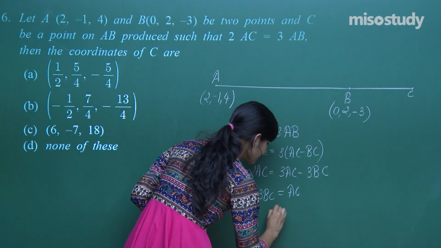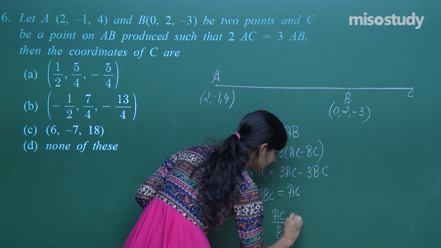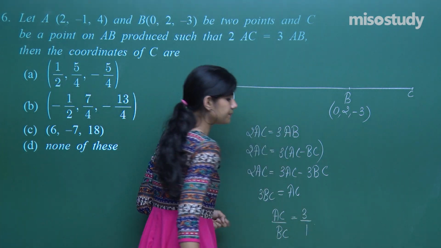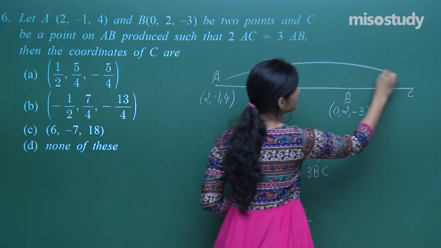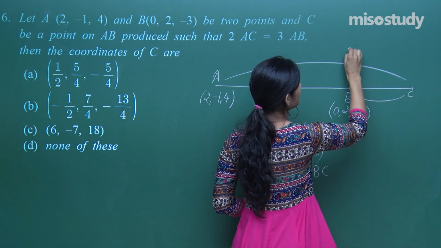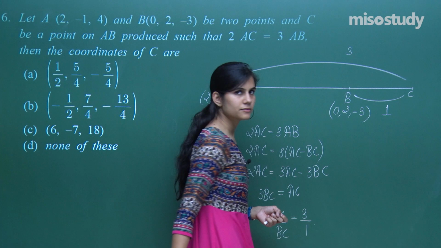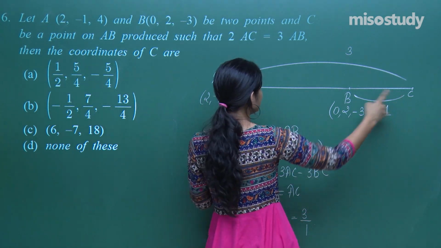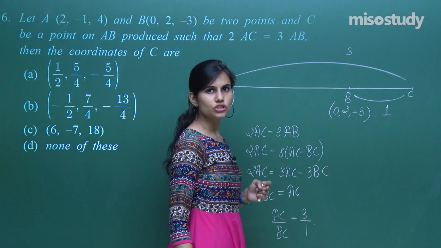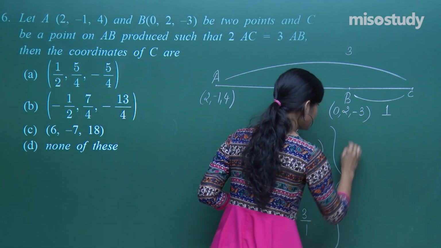So you are getting AC by BC is 3 upon 1, that is 3:1. So C is dividing AB externally in the ratio 3:1, right?